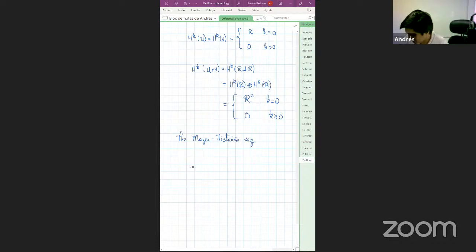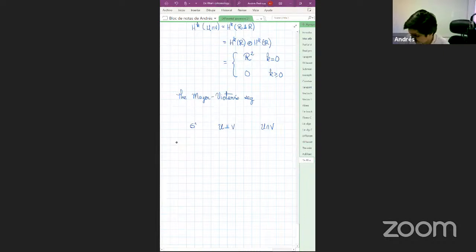Let's write it like this. I'm going to put 2, but we know that there's nothing there. It's only in 1 and in 0.